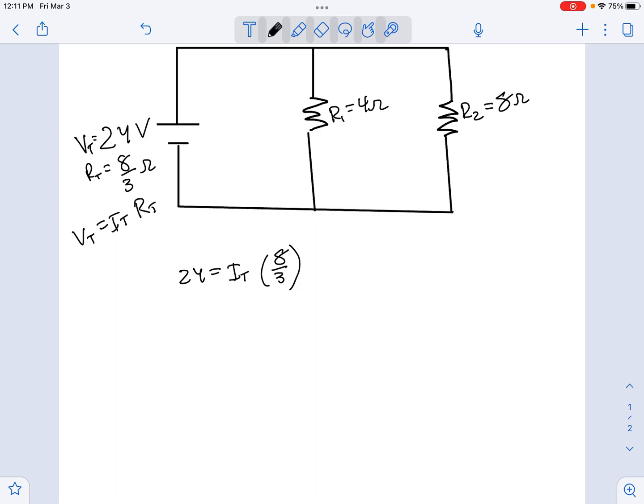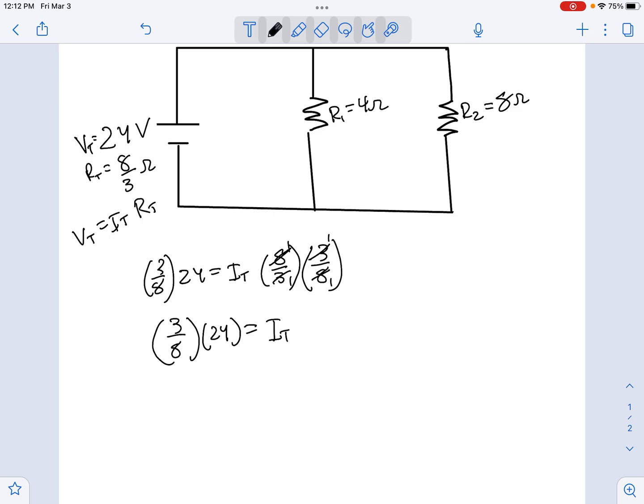Okay, so now we want to get this by itself. So we have to multiply this side by the reciprocal. And then we multiply the other side by the reciprocal. And so we can see this cancels with this, and this cancels with this. So these all become 1. And we have over on the side 3 8ths times 24 is equal to your total current.